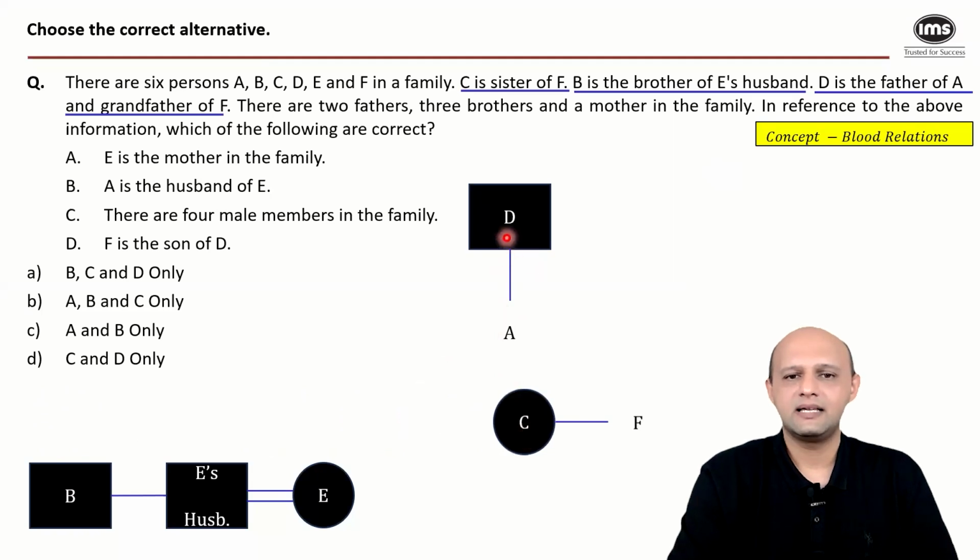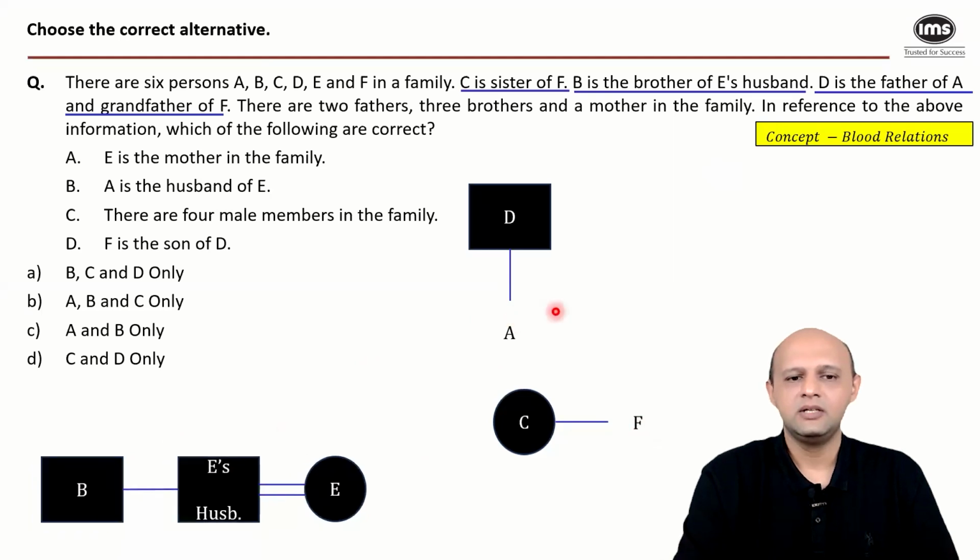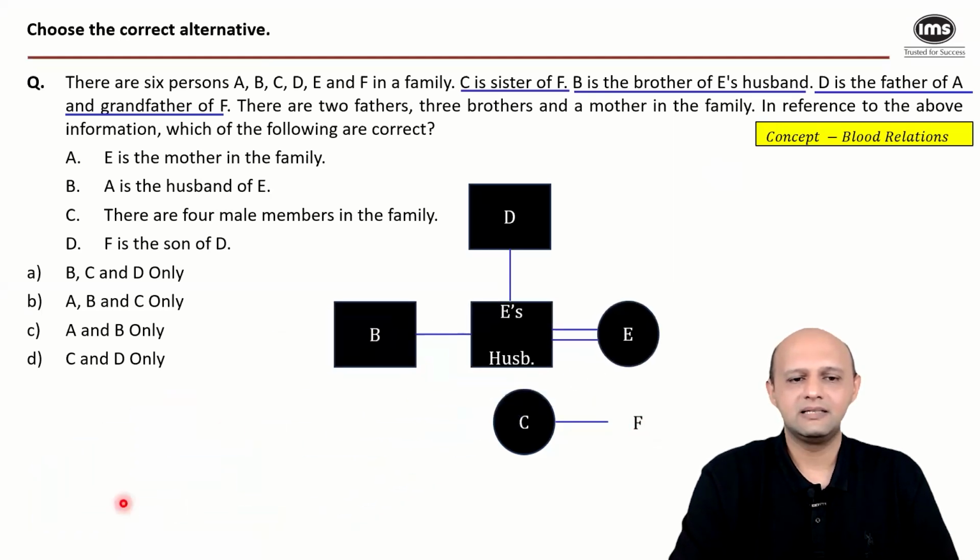D is the grandfather of F, so evidently D is going to be the grandfather of C also. But do we stop here? No. There are 6 people in the family. If you notice, 1, 2, 3, 4, and 5 are known. E's husband should obviously be A. So you could very well place this part over this and call A as E's husband.